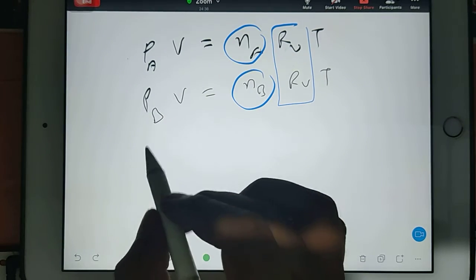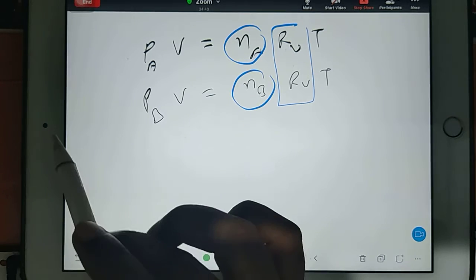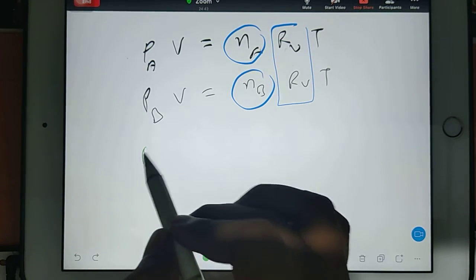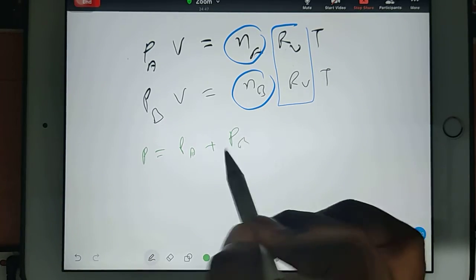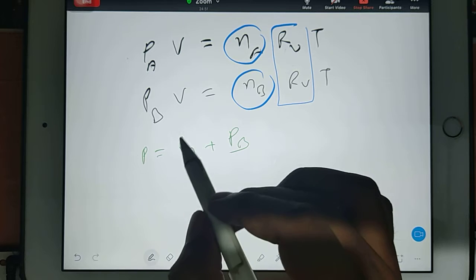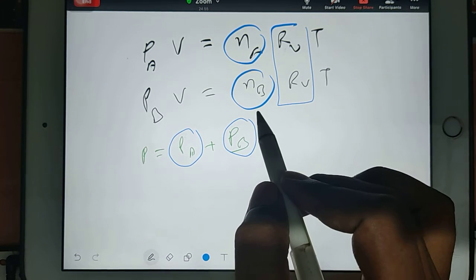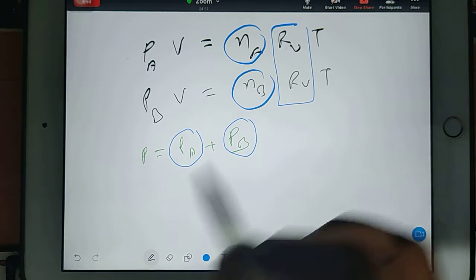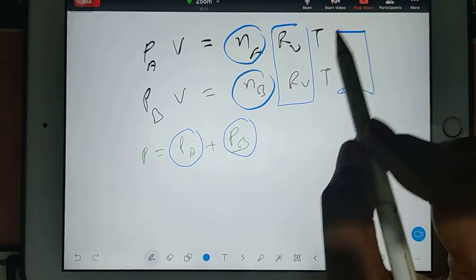Okay, now see. When you want to find the total pressure, it is nothing but the sum of both the pressures. So P is equal to PA plus PB. Now substitute the values here. After substituting, you are adding these two.